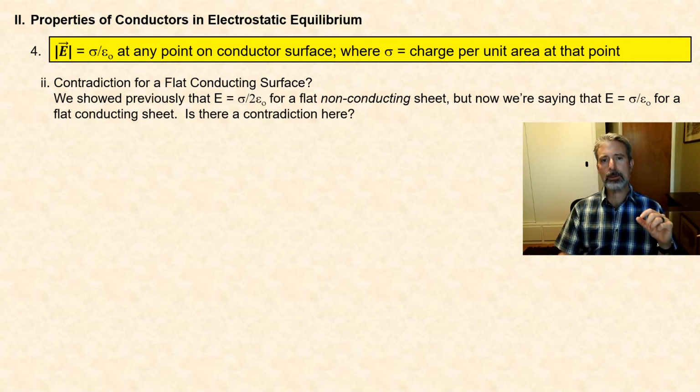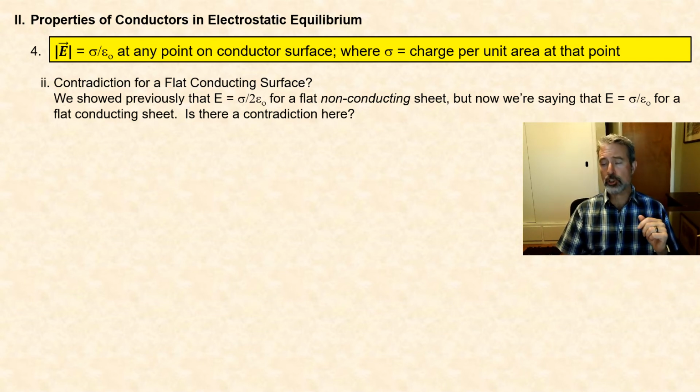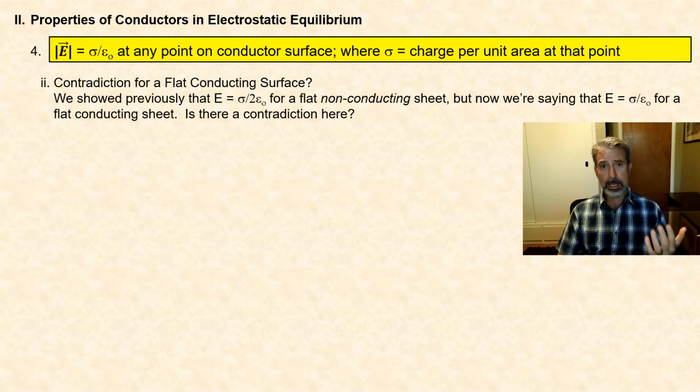Think about what we learned when we applied Gauss's law to the case of charged insulators. So when we looked at a flat insulating sheet of charge, we showed that by applying Gauss's law, the electric field had this form sigma over 2 epsilon naught. This was for the non-conducting sheet.